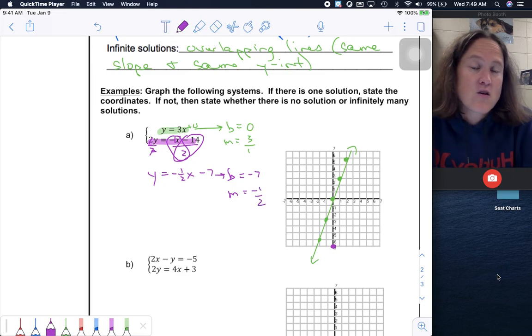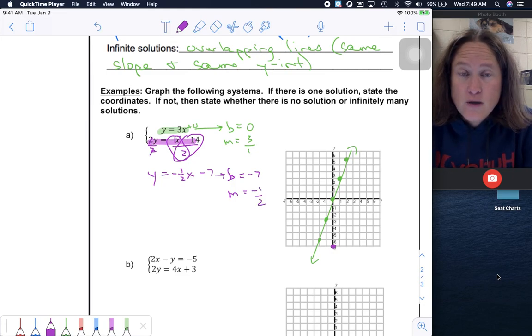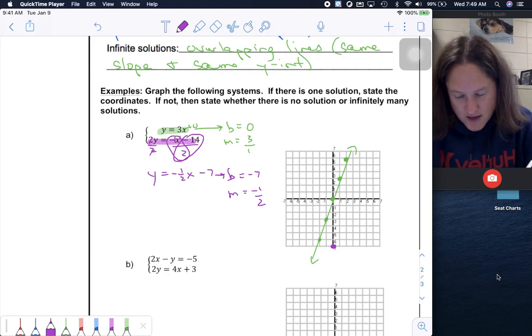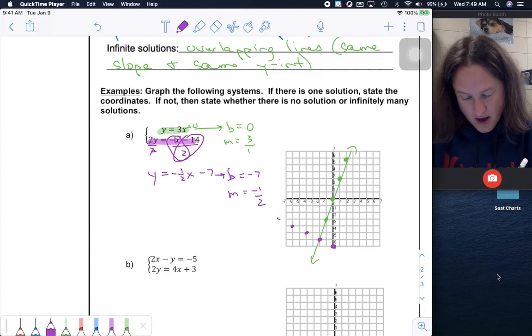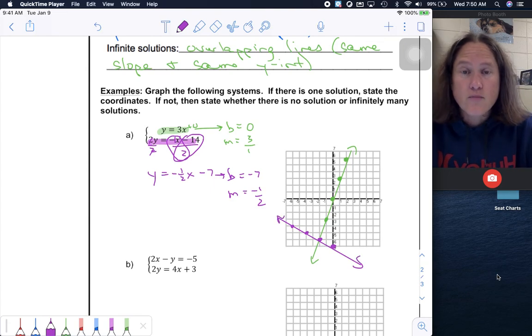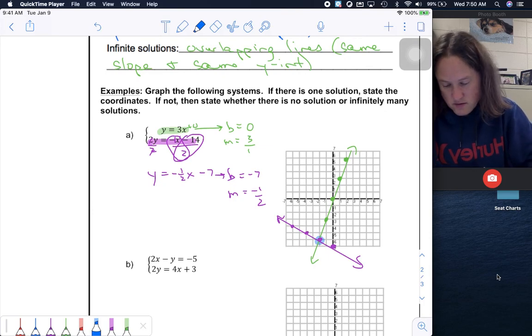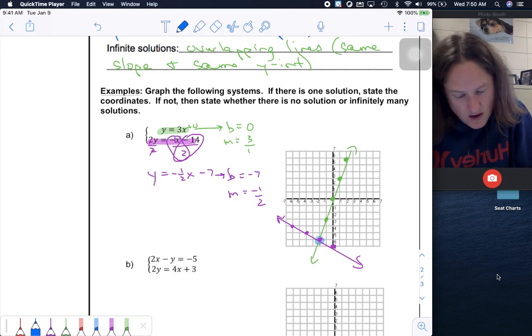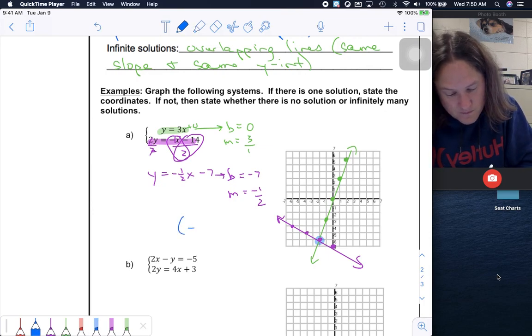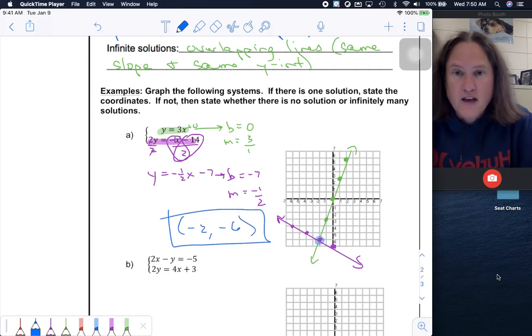Remember that negative can go either in the numerator or the denominator. You pick, but not both. So from negative 7, I'm going to go up 1, left 2, up 1, left 2, up 1, left 2. And you will notice that because I have drawn all the points, absolutely they intersect at this one point, which turns out to be negative 2, negative 6. That is my final answer.